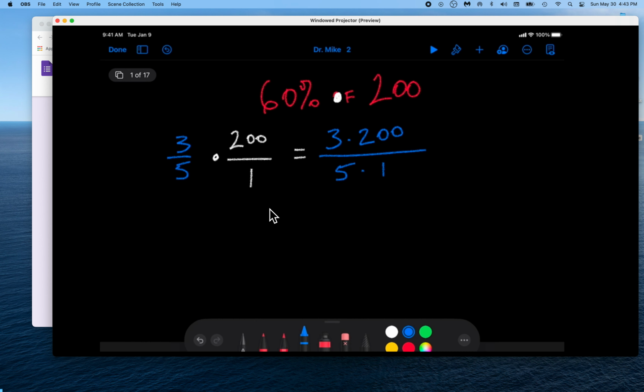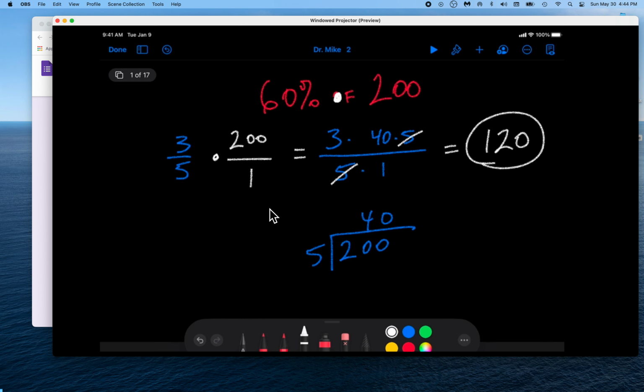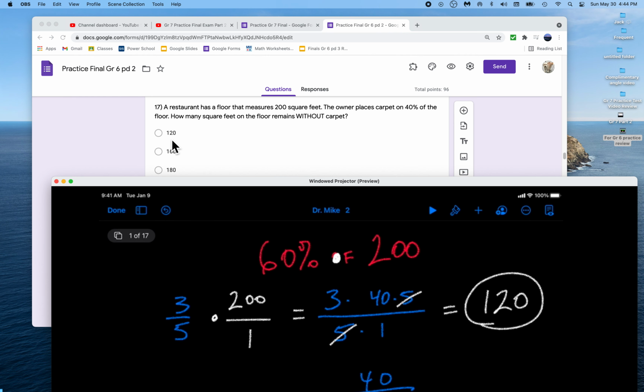It does. 40 times 5. So 200 can be written as 40 times 5. Okay, actually I don't want the parentheses there. Can we cancel out anything? Yes, we can. The 5s go. So your final answer is going to be 3 times 40, or 120. That's how I want you folks to learn how to break down fractions. So that's our final answer, 120.